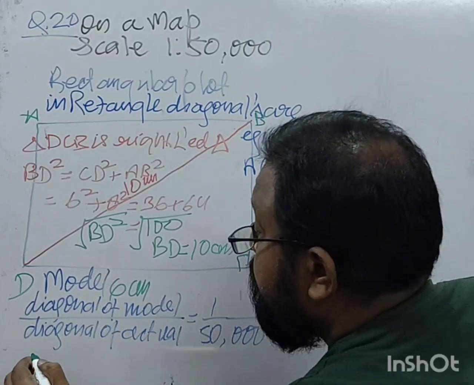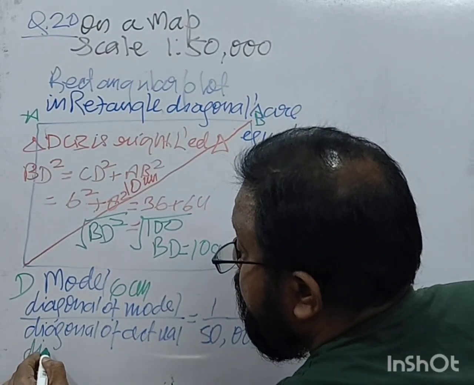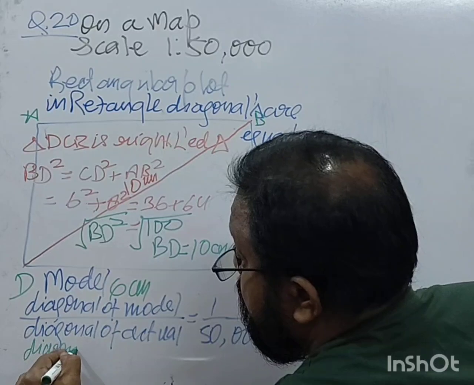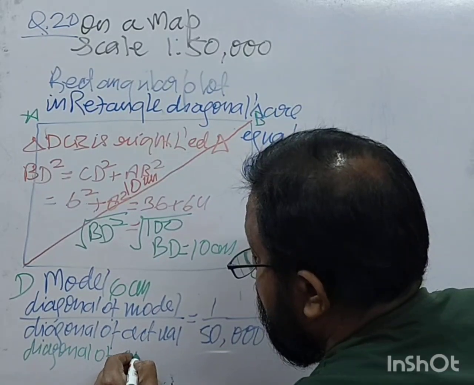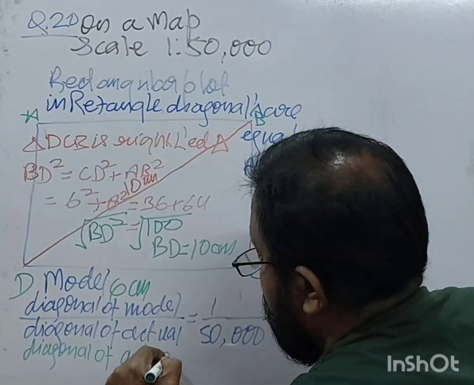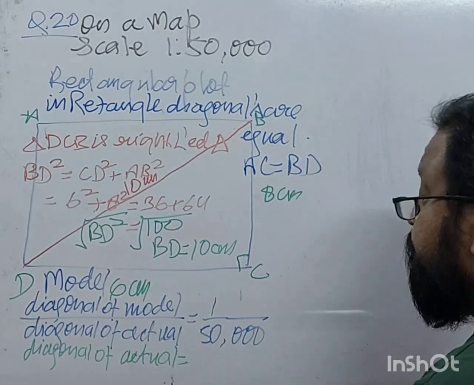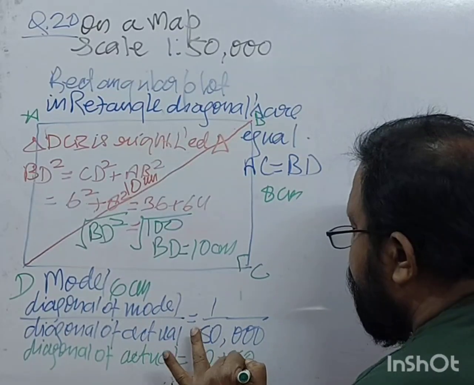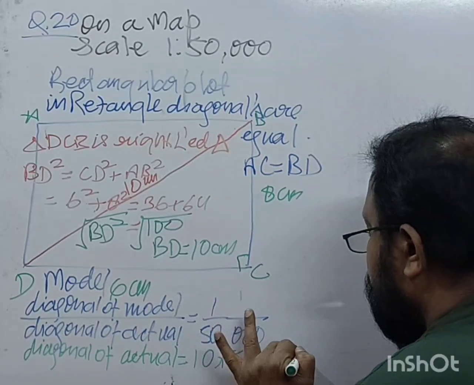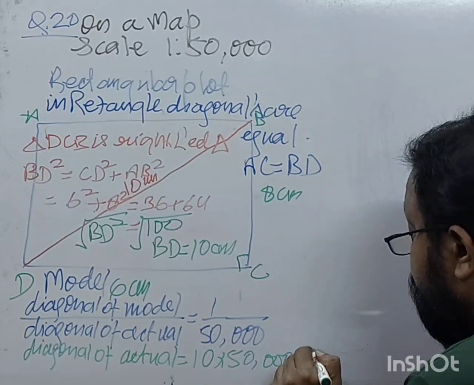So diagonal of actual is equal to 10 into 50,000 is equal to 5 lakhs.